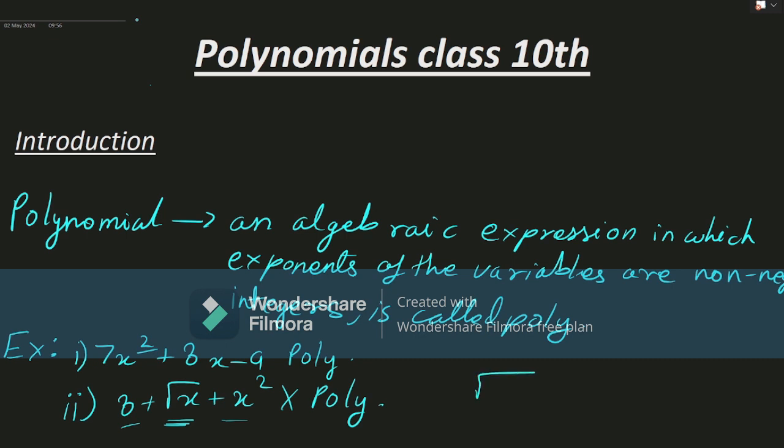Root x can also be written as x to the power 1 upon 2. As we know, powers cannot be fractions, they cannot be in 1 by 2 form, p by q form. So such expressions where there is a root, or where the power of the variable is negative, are not polynomials. Okay.